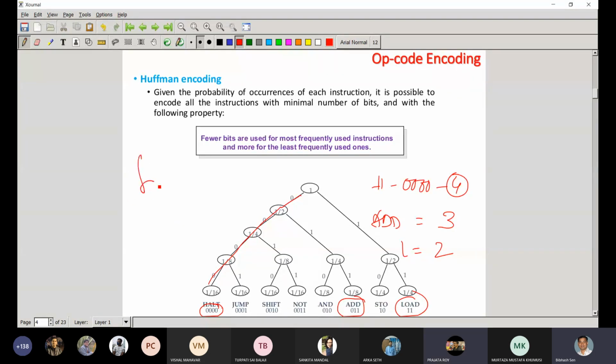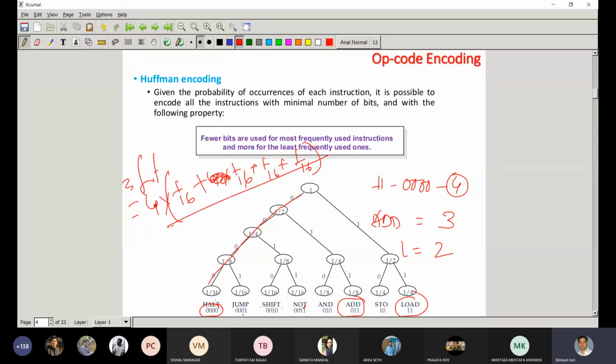Now you apply the summation Li Pi formula. In this case, it will be 4 into 1 by 16 plus, for this also, 4 into 1 by 16. 4 instructions you have found which have 1 by 16 probability, am I correct or wrong? Yes, correct, sir. So 4 into 1 by 16 plus 1 by 16 plus 1 by 16.